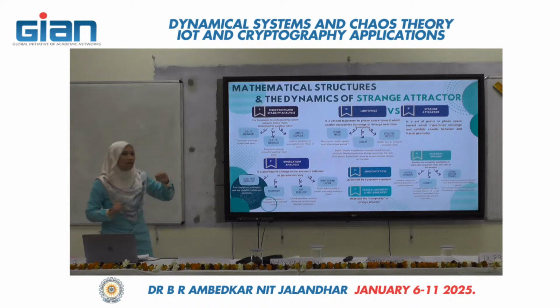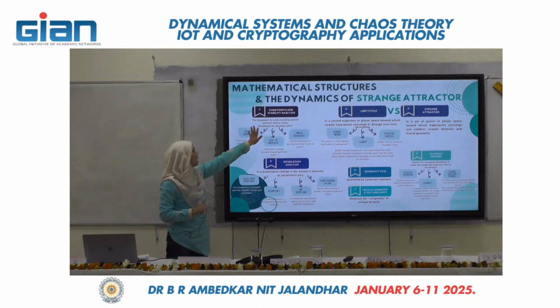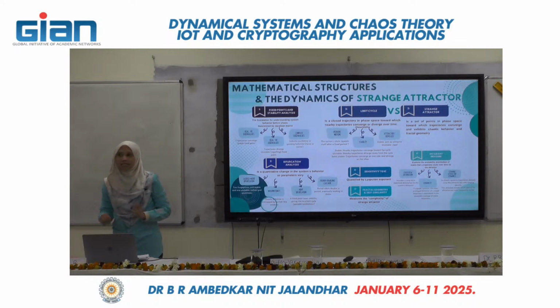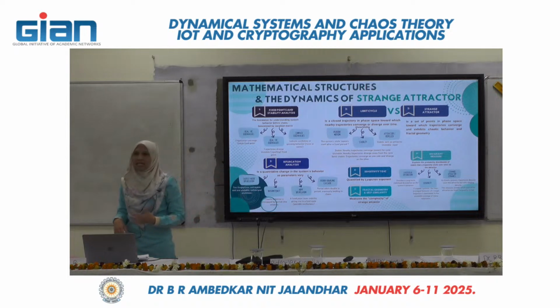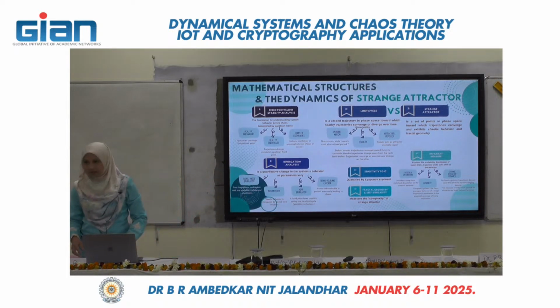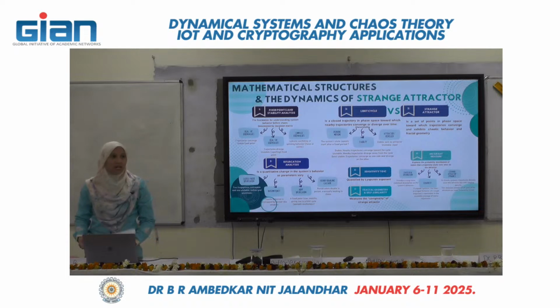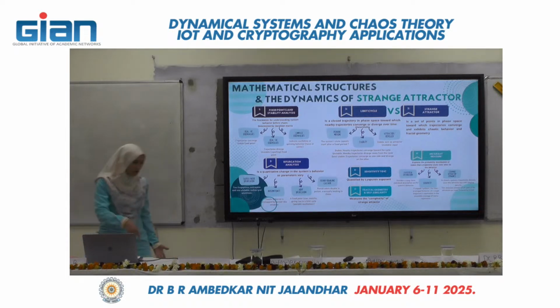The stability of the fixed point is determined by the Jacobian matrix. Basically we have 7 types of fixed point.